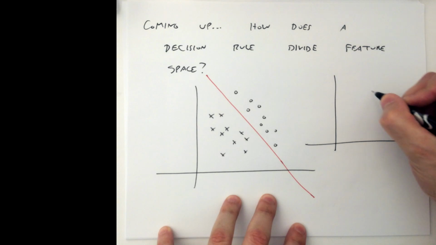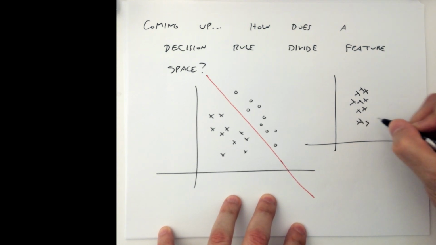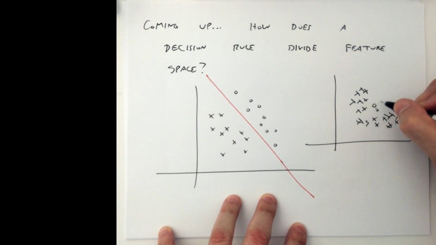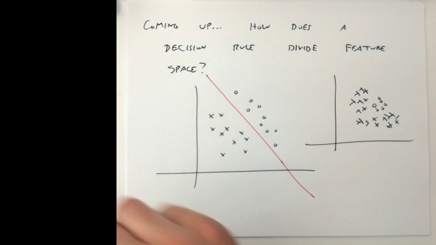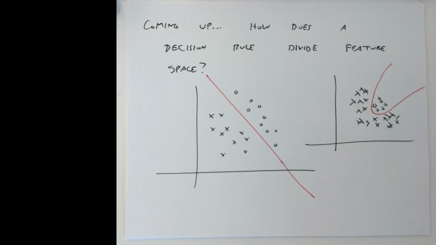So like, for example, maybe my feature distribution looks like this. Is it possible to have a decision rule that goes like that, right? I can't separate those classes with a single straight line, but if I was allowed to draw a curved line, then I could do a better job of separating, right? So that's going to be something that we're going to develop over the next bunch of lectures: different ways, number one, of drawing a straight line, and then number two, ways that correspond to this nonlinear partition of the feature space to make better decisions, okay?